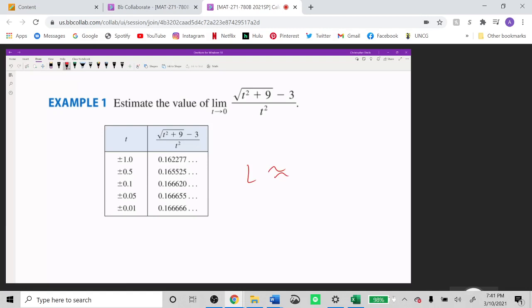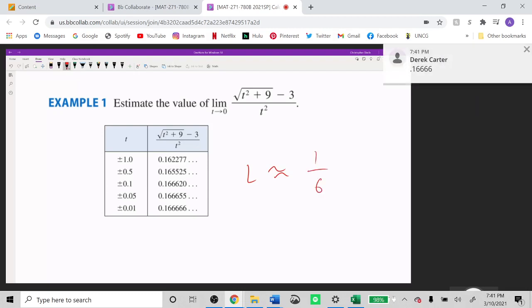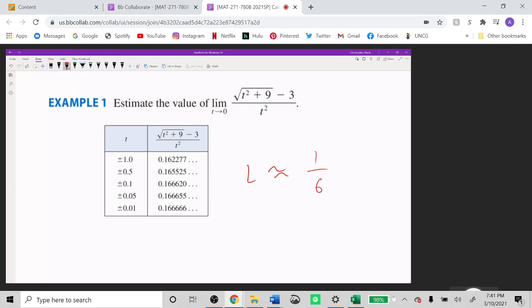This appears to be about 1/6, right? 0.16666, which is about 1/6. So it appears reasonable that this might be approaching this value of 1/6. Do we agree? Yes.